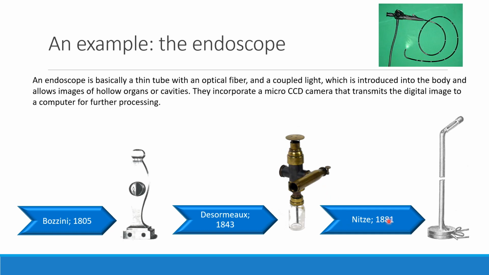And then finally, at the end of this century, so it was a relatively rapid development, we have this kind of tube, much thinner than the previous one. It is broken to indicate that it was longer than it's shown here, and that was designed by Nitze at the end of the 19th century.